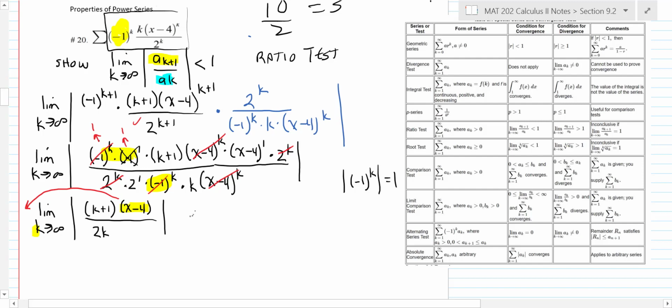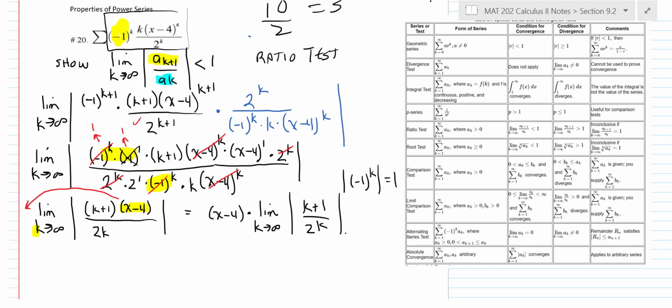So I'm going to have you write that as x minus 4 multiplied by the limit as k goes to infinity of k plus 1 over 2k. So that's what we're going to end up having, the limit right there.